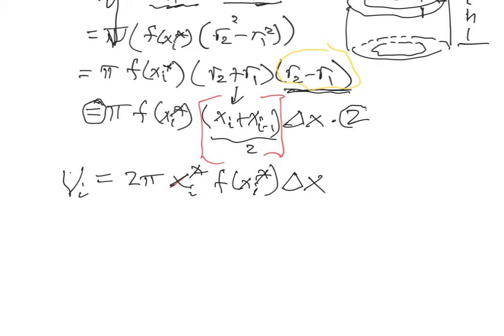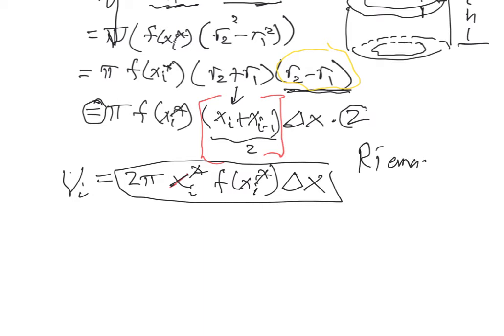And by the way, this is a Riemann sum. It has all the ingredients. It's got a delta x. It is a function of a point on the subinterval, xi star, which happened to show up twice. That's okay if that's what it takes.